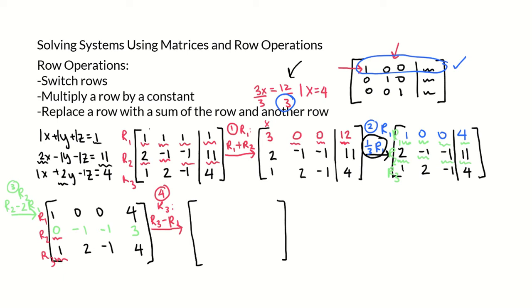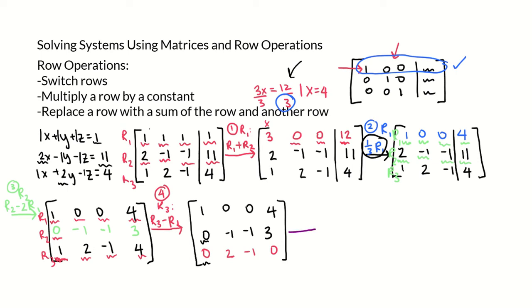Okay, that would be 1 minus 1, which is 0, 2 minus 0, which is 2, negative 1 minus 0, which is negative 1, 4 minus 4, which is 0, and then rewrite the other 2 rows. Okay, so now we have x eliminated from the last 2 rows, which makes our job a little bit easier.